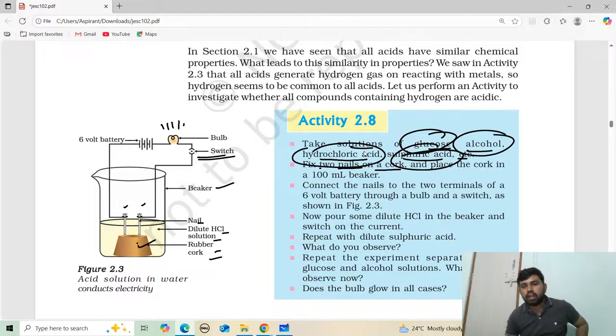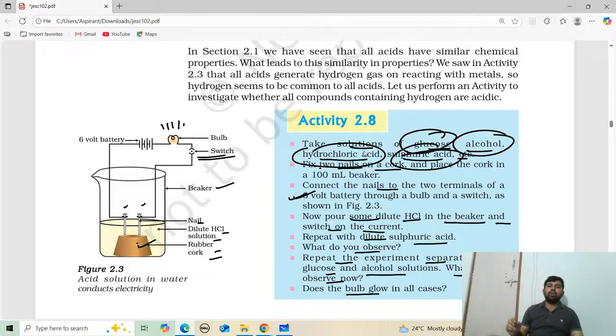Connect the nails as shown in the figure, pour some dilute HCl in the beaker and switch on the current. Repeat with dilute sulfuric acid, and repeat the experiment separately with glucose and alcohol solutions. What do you observe? Does the bulb glow in all cases?